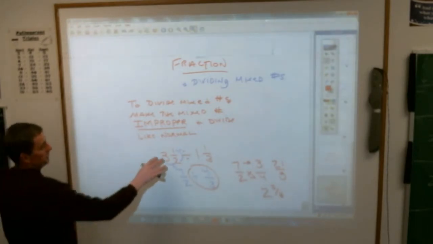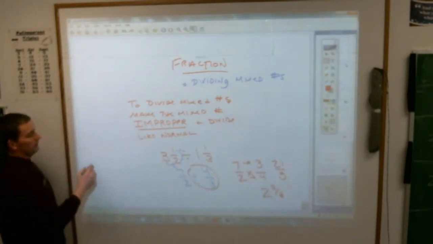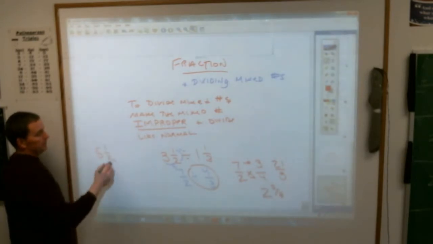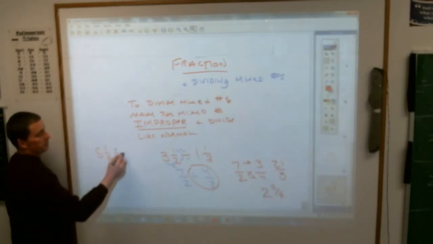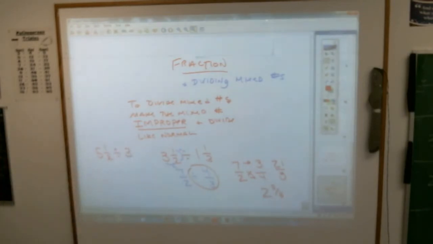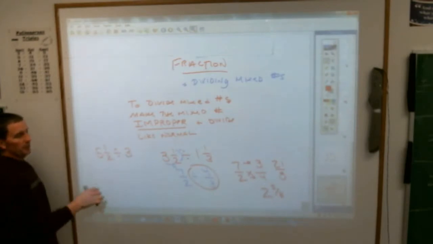And these can be whole numbers too. Like if you have 5 1/2 cookies, and you have to split that up among 3 people, how much should everybody get? You have to do the same way.